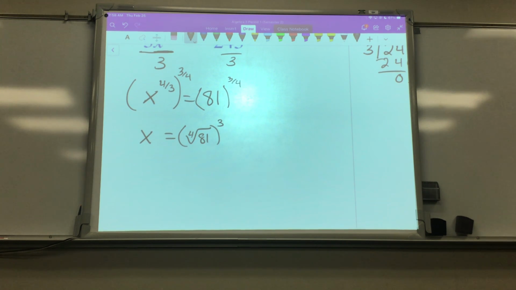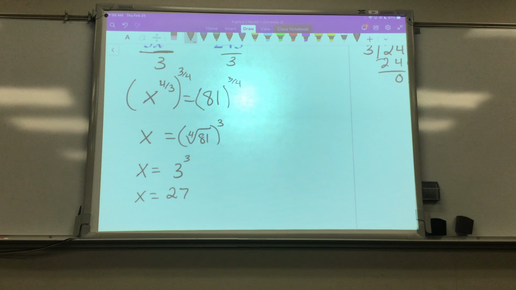What is the fourth root of 81? This one we can break down in our heads, right? 9, 9, 3, 3, 3, 3. We're looking for a group of 4, right? So the fourth root of 81 is 3, and then cubing that, 27.